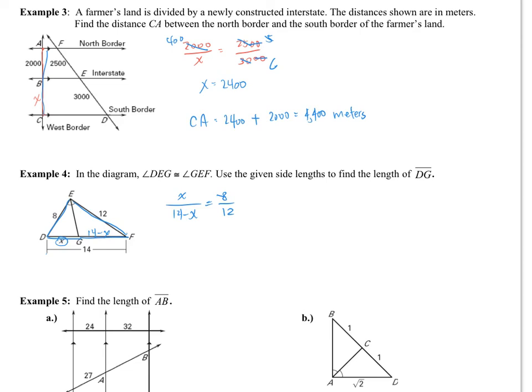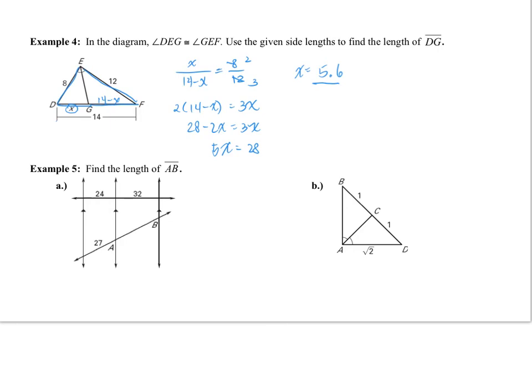Let's simplify. 8 divided by 4 is 2 and 12 divided by 4 is 3. So 3X equals 2 times 14 minus X. Cross multiply. 28 minus 2X. And then this would be 5X equal to 28. And X would equal 5.6.